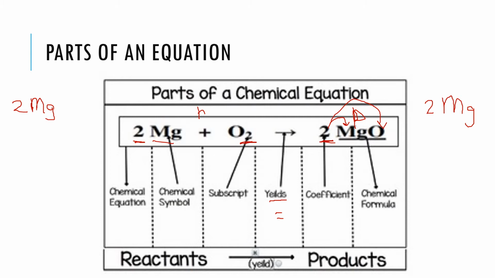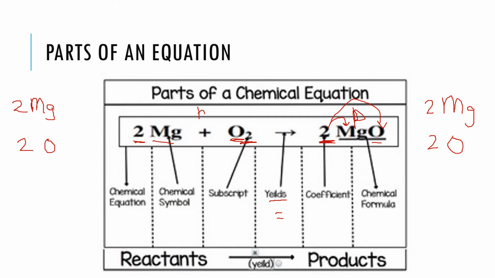Now, I'm going to go look at the oxygens. I have 2 oxygens, okay? And I already told you that this coefficient of 2 in the products goes to the oxygen. So in my product side, I have 2 oxygens. So the number of magnesiums in the reactants has to equal the number of magnesiums in the products, which it does.